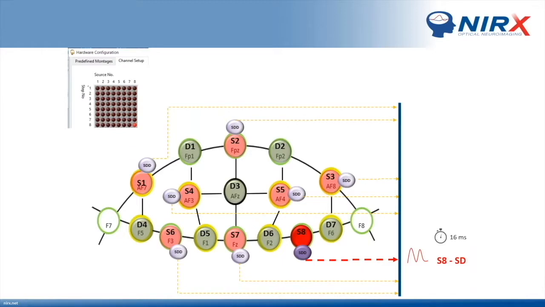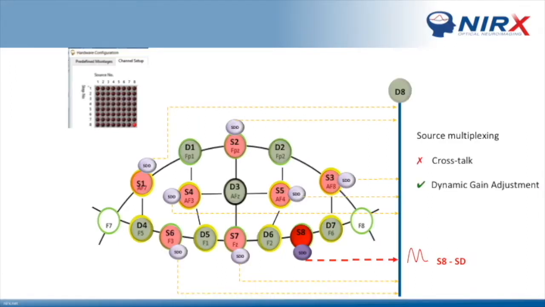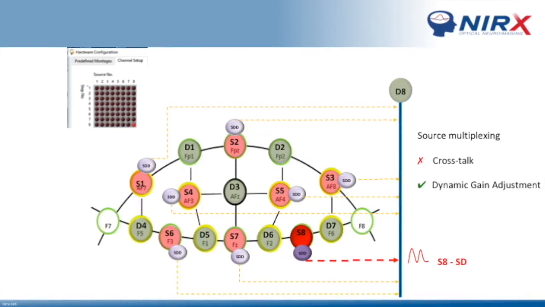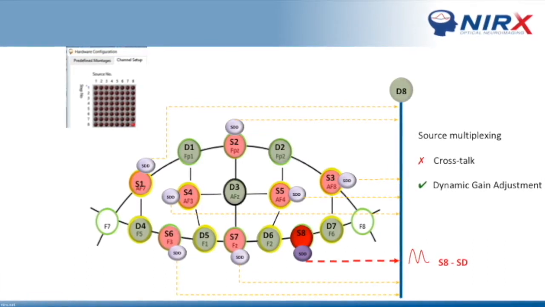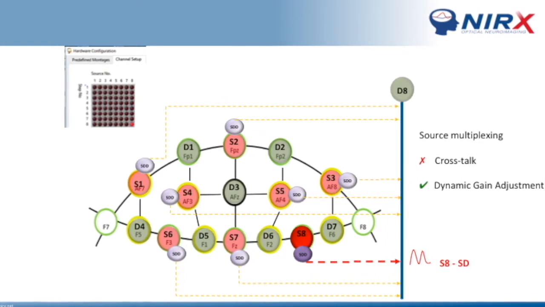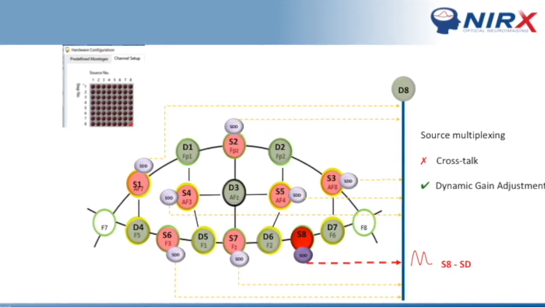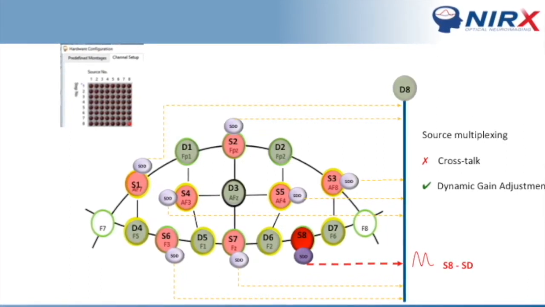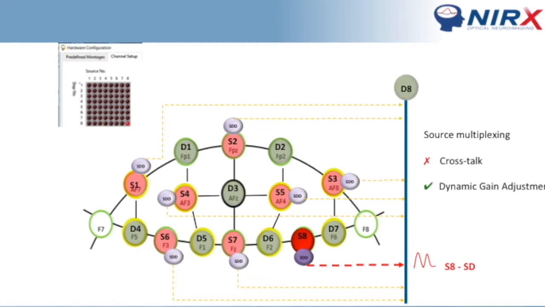So in one scan, we have all the sources activated step by step, and then signal is collected from the short detectors placed around these sources. The smart thing about time multiplexing or source multiplexing is that we can route all these short channels to this one detector. And because there's only one source firing at a particular instant of time, it will prevent any crosstalk.